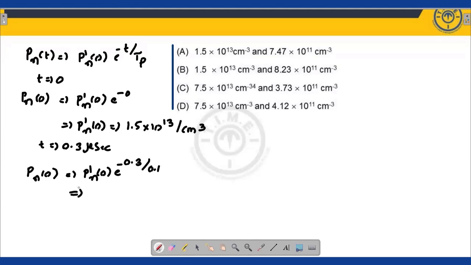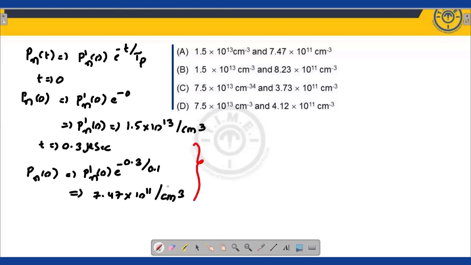Then how much is it? 7.47 into 10 power 11 per centimeter. This is what you are going to get over here.